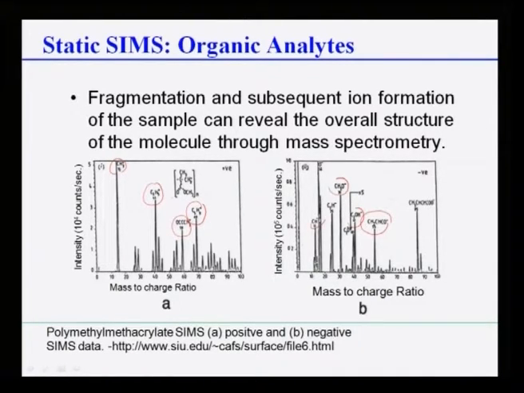So depending on the different positive and negative ions, you can detect all of them using static SIMS. Fragmentation and subsequent ion formation of the sample can reveal the overall molecular structure, and mass spectroscopy makes this possible.